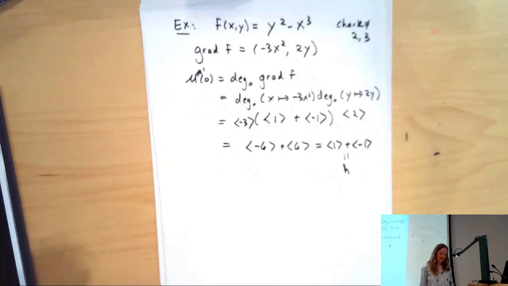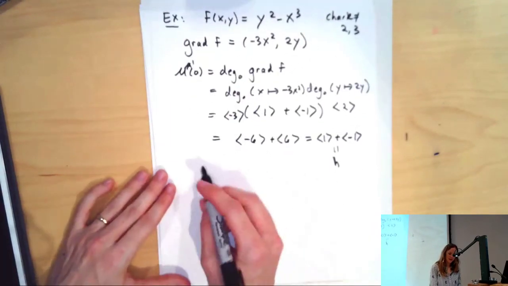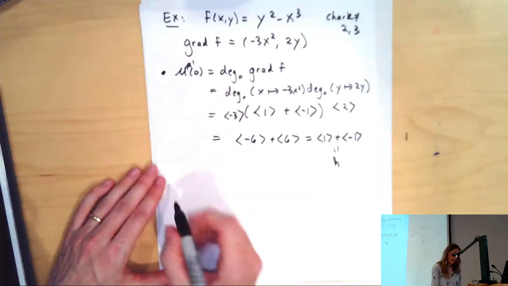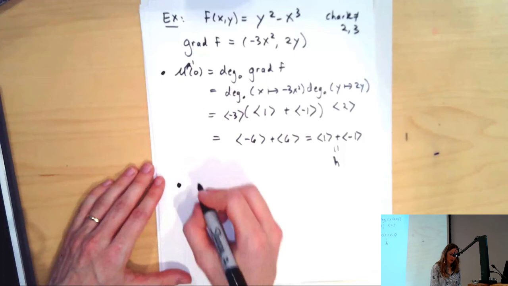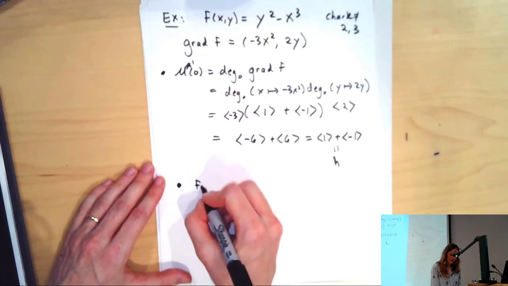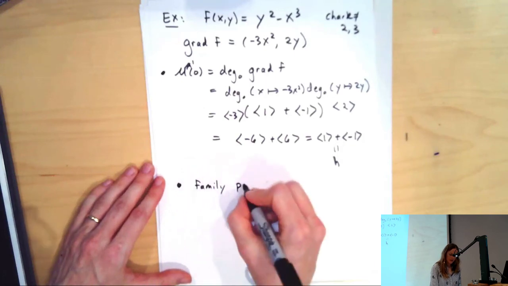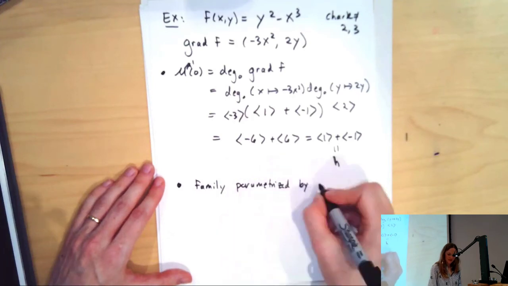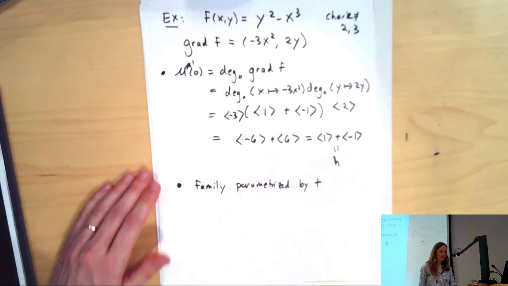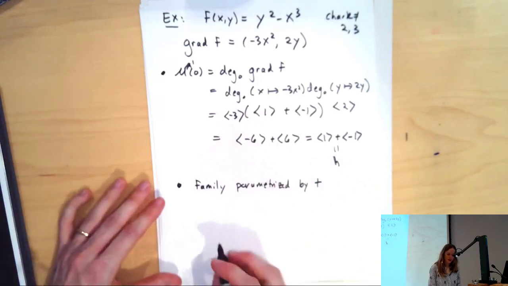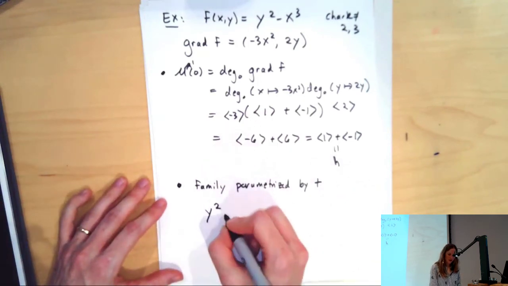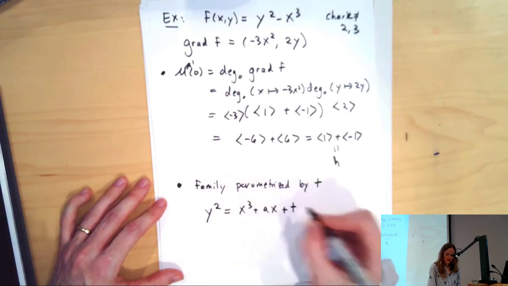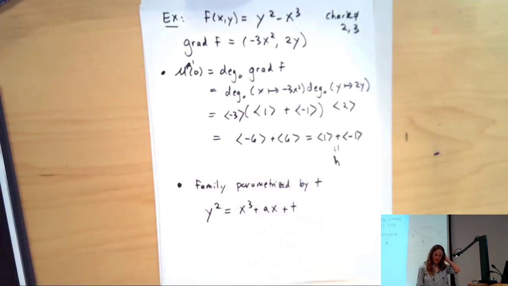So let's look at that in a family. So there was the Milnor number side, and let's look at families. We can take the family parameterized by t, so that it looks just like an ordinary cubic equation. We're only going to perturb x. So we can take y squared equals x cubed plus ax plus t.